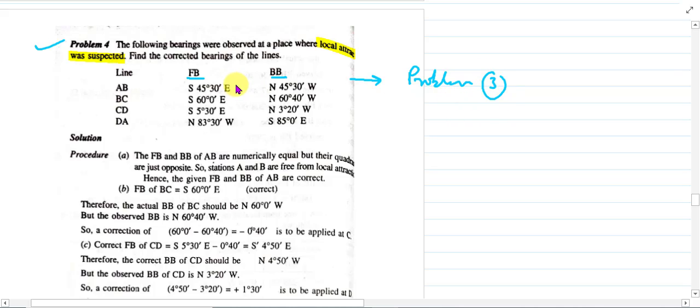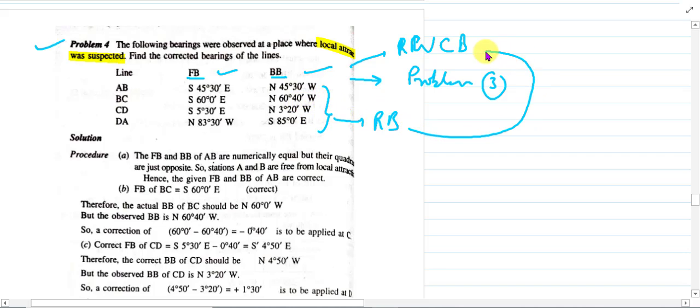It means you have to convert these values of column number 2 and column number 3 from reduced bearing into WC bearing, and then apply all the steps which you used for problem number 3.